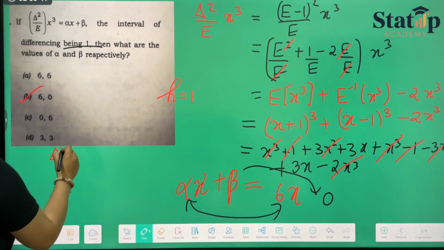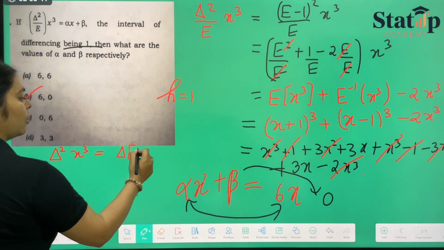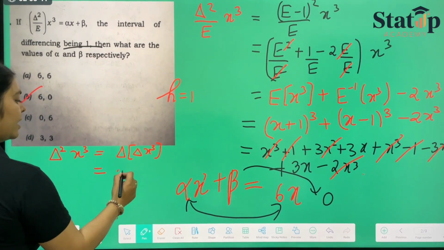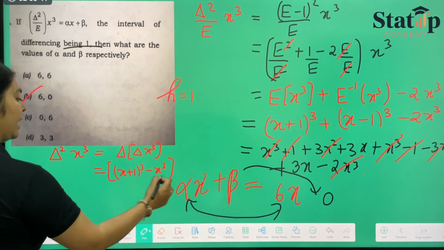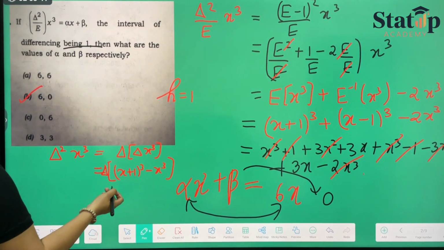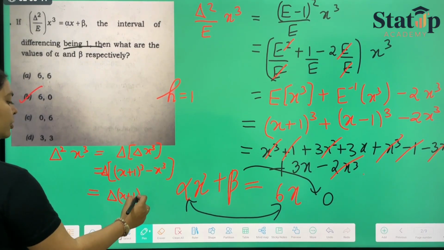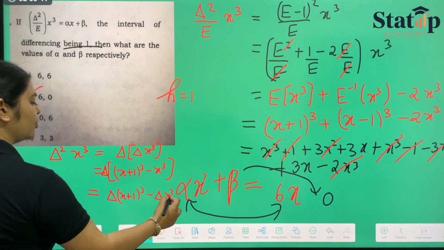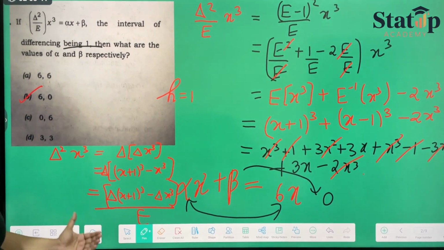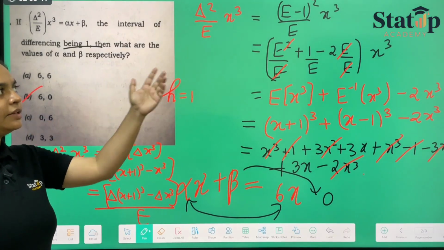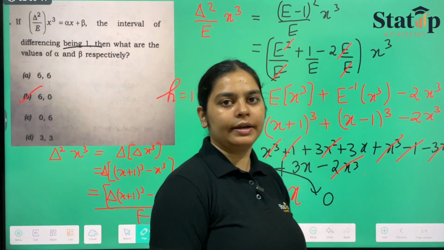First of all, we will solve delta square of x cube, which will be delta into delta of x cube, which will be x plus 1 whole cube minus x cube, and then delta also we apply, and after applying that, delta of x plus 1 whole cube minus delta of x cube, and after that we have to apply upon E. So that method also you can use for its implementation, and both of these methods require almost the same time. Both our methods will give you the right answer.